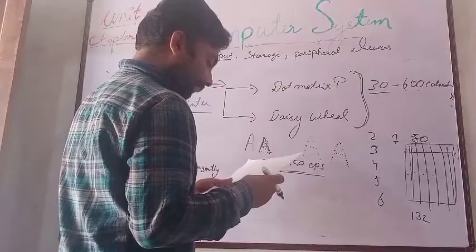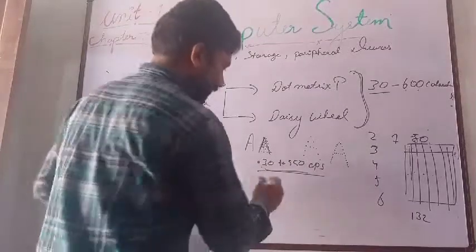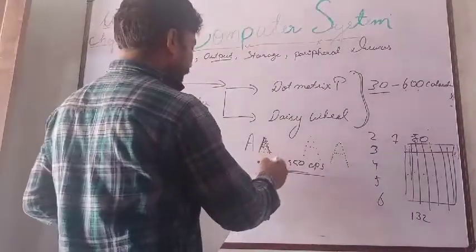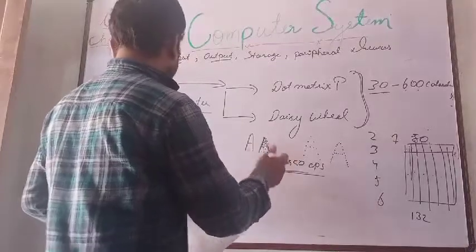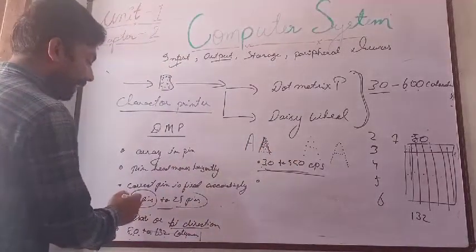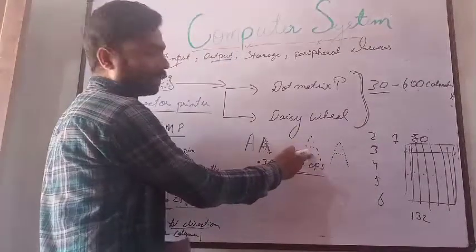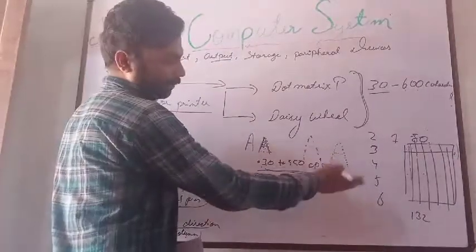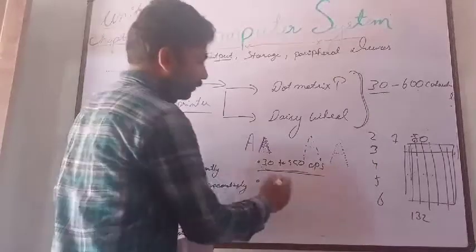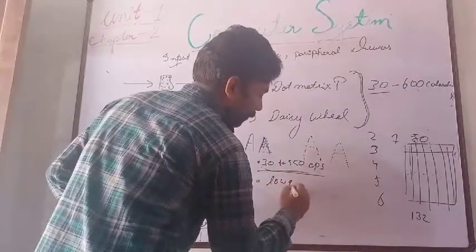Okay, then after, low quality. If you are coming to 30 characters per second, the number of pins will reduce, like if 9 pin is there, then low quality character will be generated. See, this character is low quality but sufficient to understand.